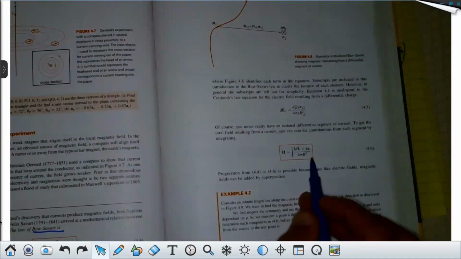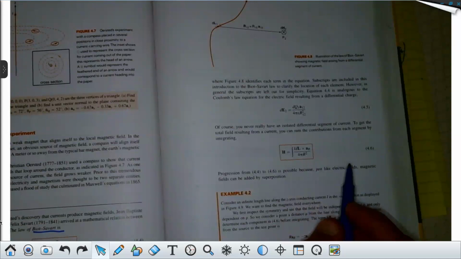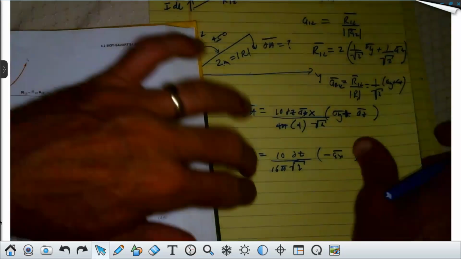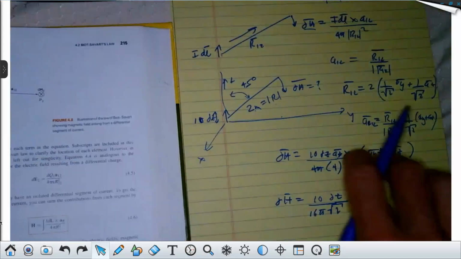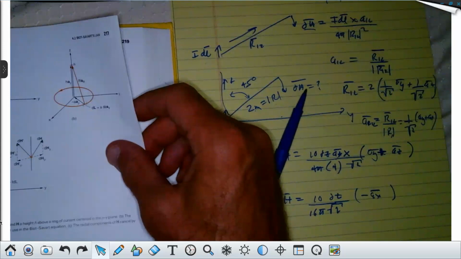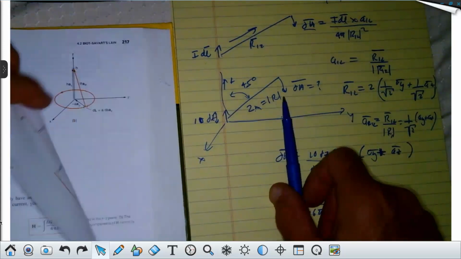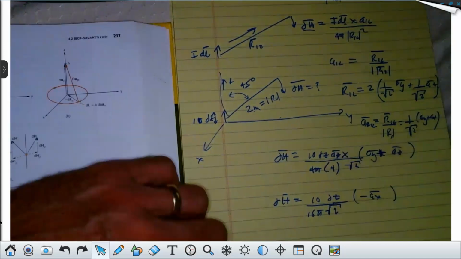You guys have time for me to actually do an example where this is applied to an integration, class? All right, I want to do it. The classic one is the infinite line, and the book probably does that one first. That's on page 216. And page 217 does the loop. I like the loop one first for this case.